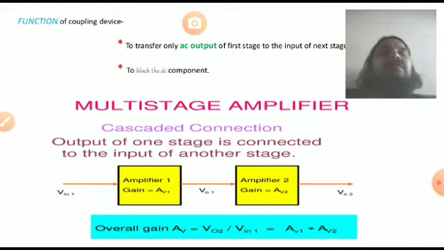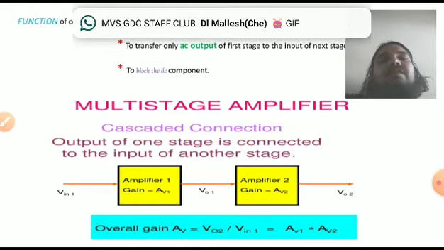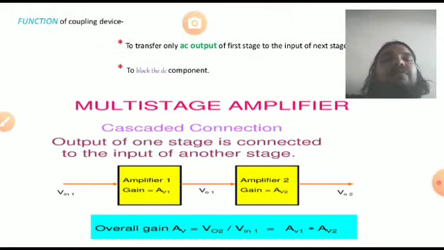where the first stage operational amplifier gain is AV1 and the second stage operational amplifier gain is AV2. When the input is connected to the first operational amplifier, the output will be more than the input, such is amplification.